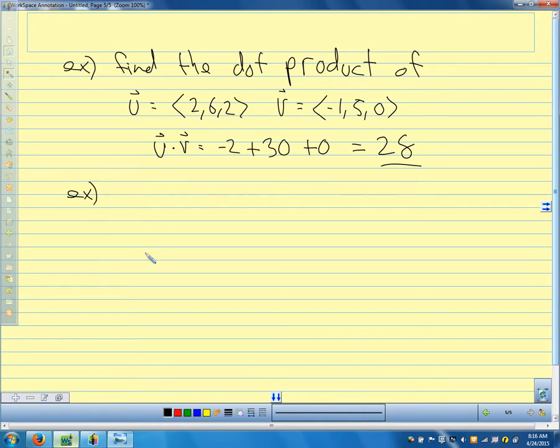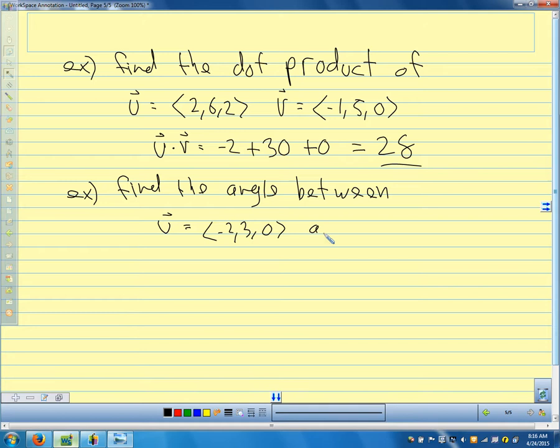All right, now let's apply this dot product to find the angle between two vectors. So this problem says find the angle between these two vectors.